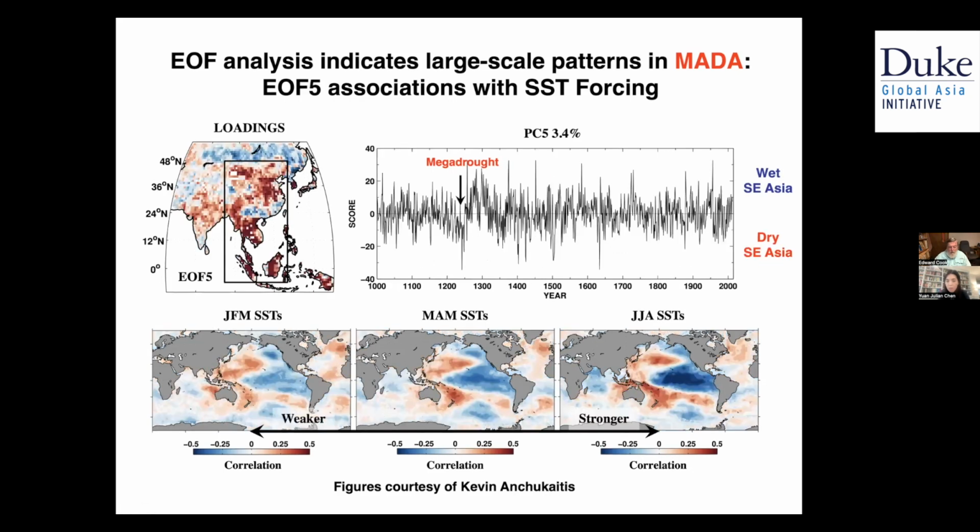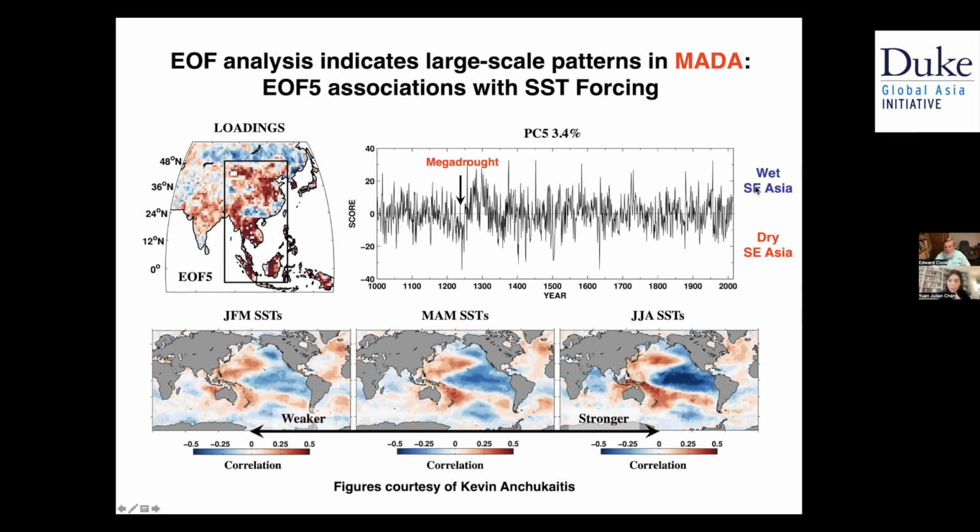And we can then look at another pattern that's also possible to extract from the Monsoon Asia Drought Atlas. In this case, it's a lesser mode of variability. That mode of variability is principally contained in this area right here of China and Southeast Asia. Here's what the projection coefficients indicate back in time.